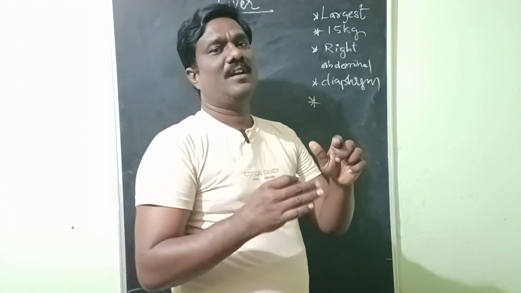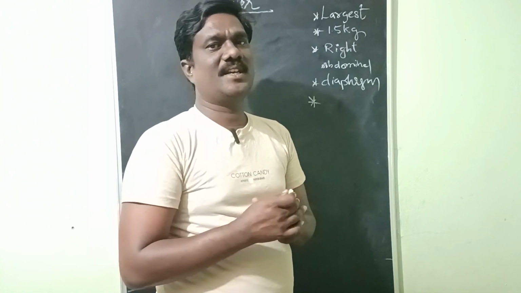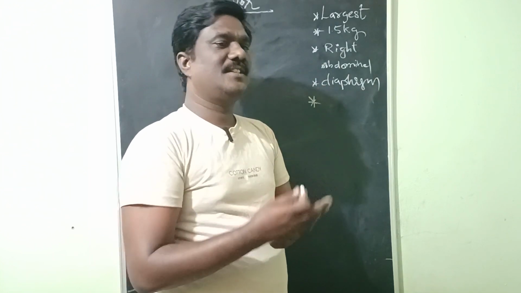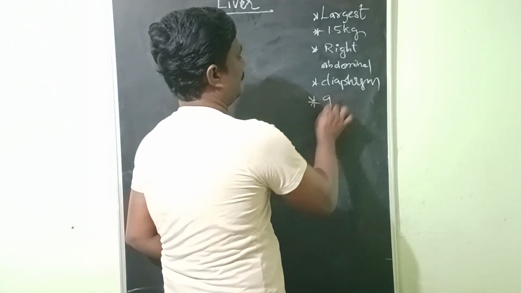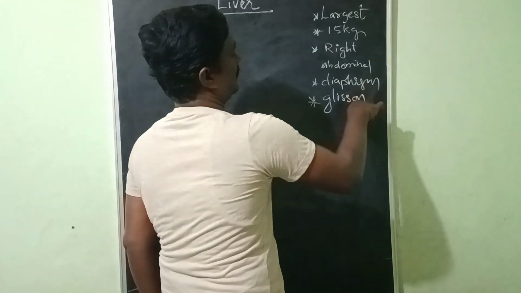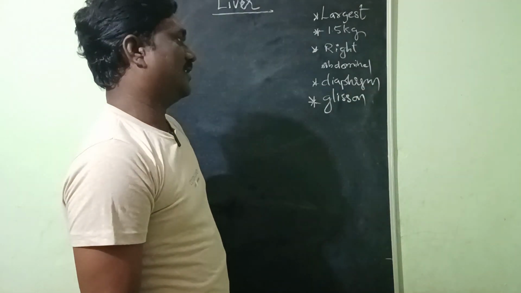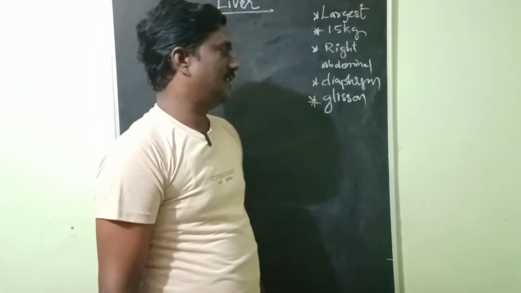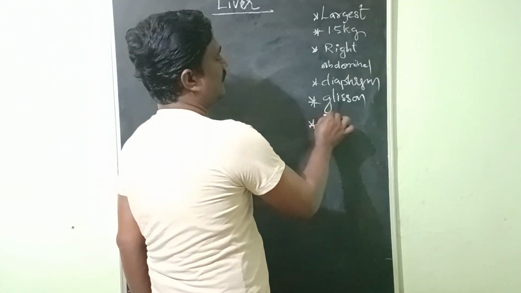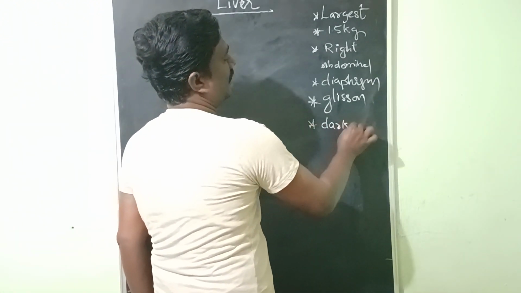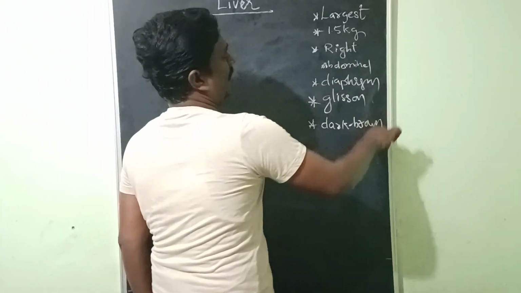Above the Glisson's sheath, there is a serosa sheath present. Below that, Glisson's sheath covers the liver. It is dark brown in color. The liver is dark brown.